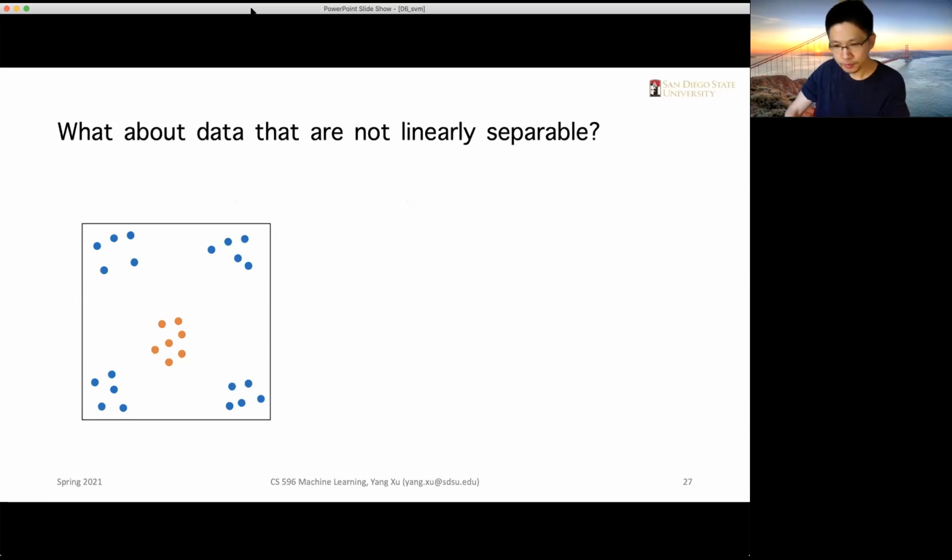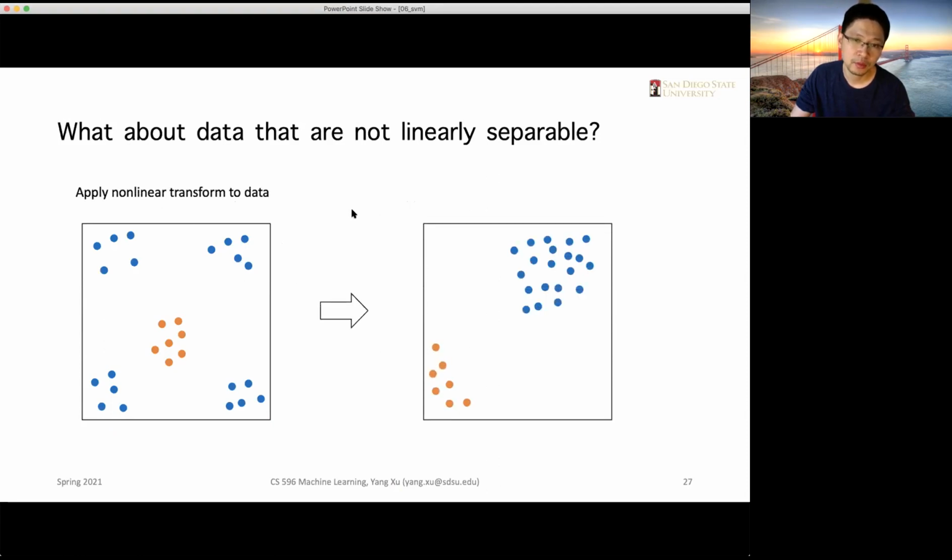So the example we show here is typical non-linearly separable data, right? If we want to separate the blue points versus the orange points, there's simply no way to draw a line to separate them. Okay, there are always misclassifications. Okay, so what we want to do here is to find a way to somehow convert the data points in the original space into some new space. Okay, so in that new space, the data are separable by a linear plane or a linear decision boundary.